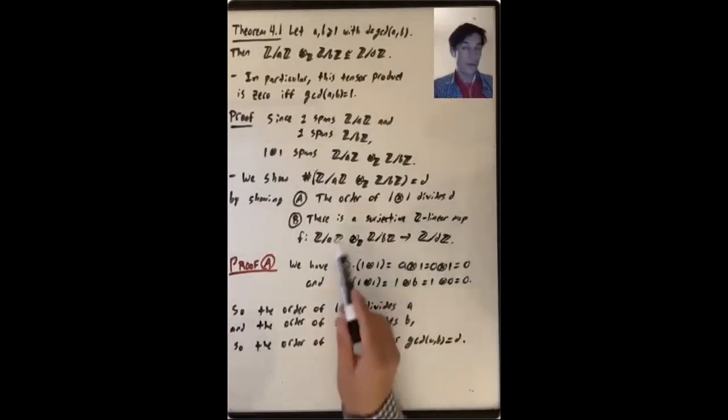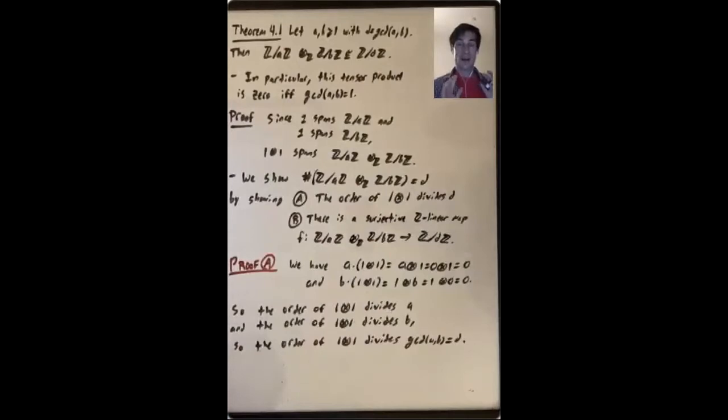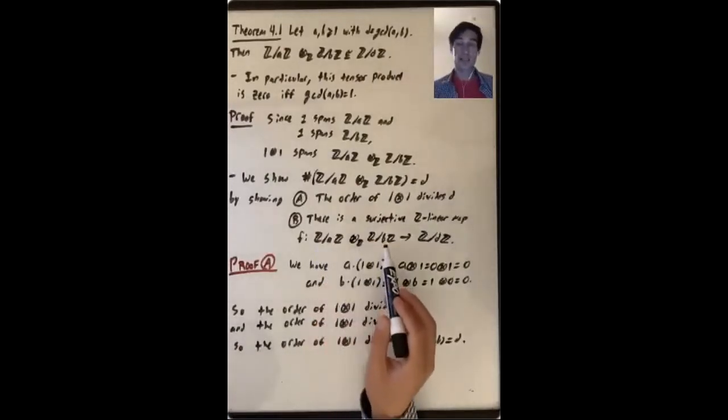How are we going to come up with a linear map from a tensor product to somewhere? Well, what did we say earlier in this lecture? We're going to back up and define a bilinear map from Z mod AZ cross Z mod BZ.